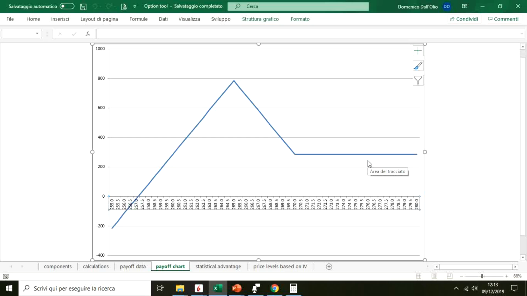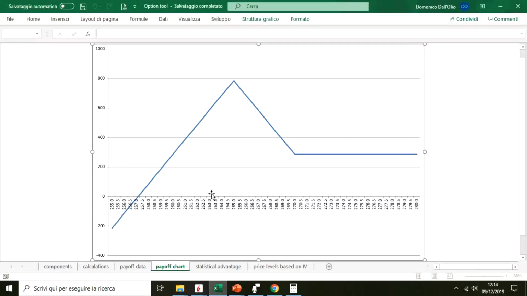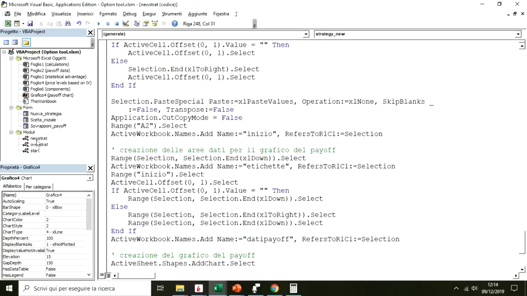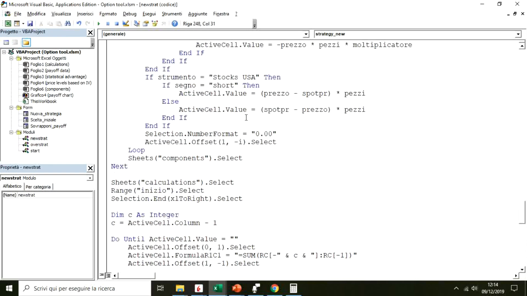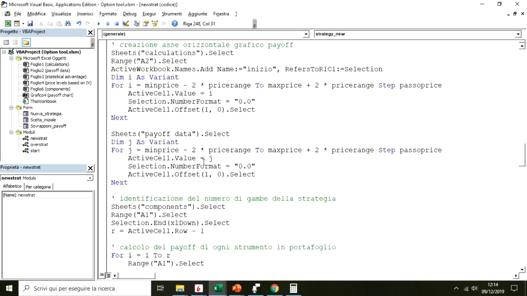Let me check if I can enlarge the payoff, because it's interesting to see all of it. So let me do it this way. Okay, let's take 4 times the price range instead of 2 times the price range.